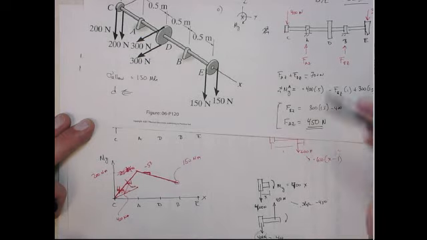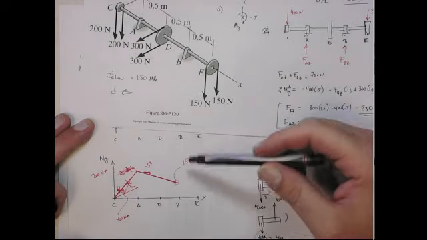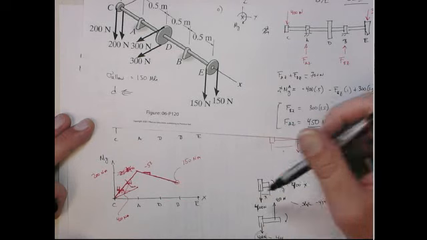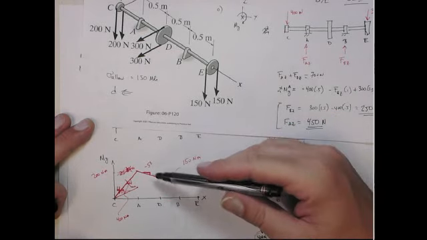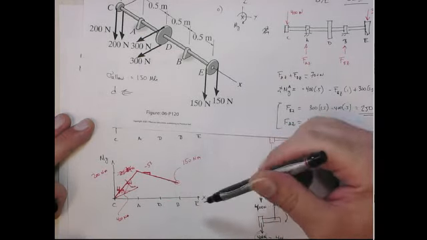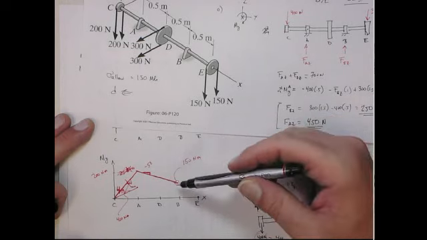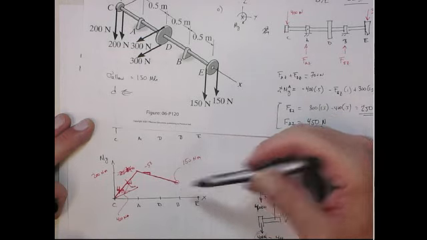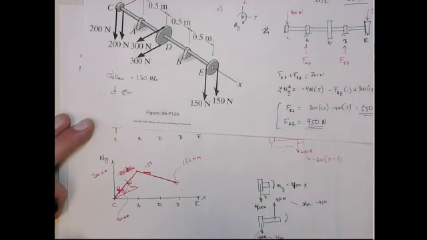Right, 250 newtons. The point force, so this has a slope of minus 50. Then we're going to have to drop the slope off of it of another 250.